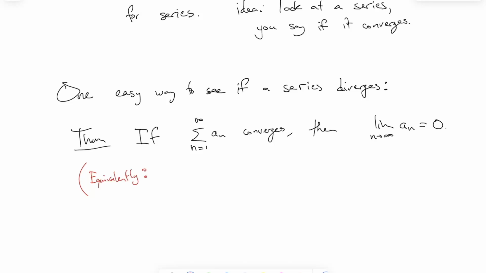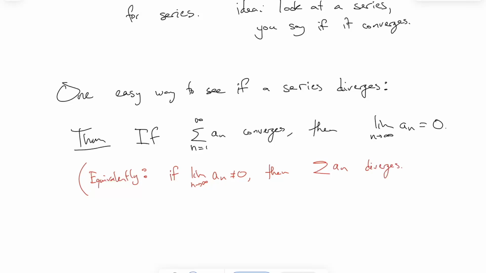If you write it the other way around, it says if this series converges, then this limit is 0. To think of it the other way around, you could say if the limit is not 0, then it does not converge. That's the equivalent version read the other way around. If the limit as n goes to infinity of an is not 0, then the series an diverges.